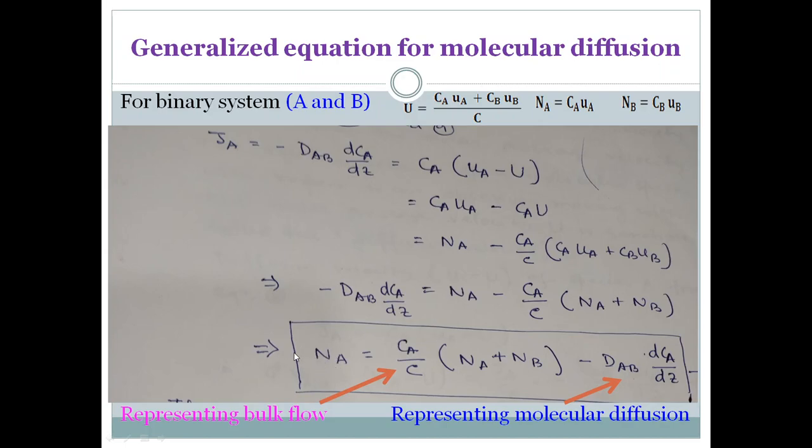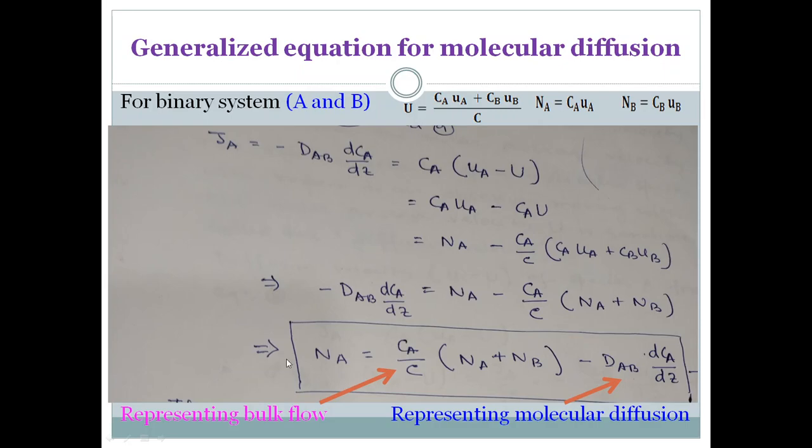So this is the generalized equation for the molecular flux. N means total flux, when the observer is in a stationary phase.